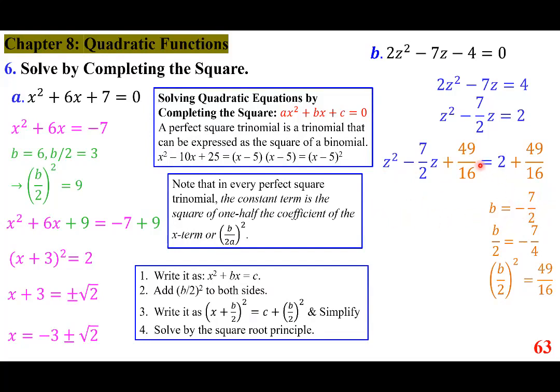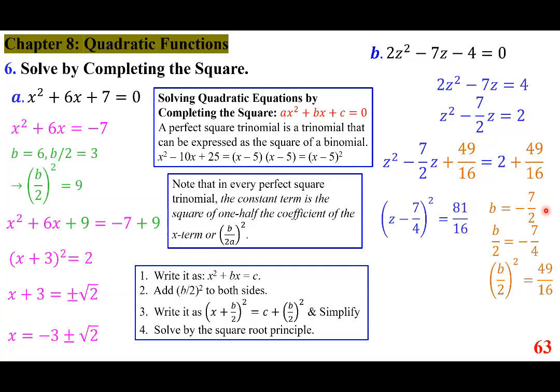That's what's happening here. On the right side, you take a common denominator. So 2 times 16 plus 49, which is 32 plus 49, which is 81. Now take a root from both sides.